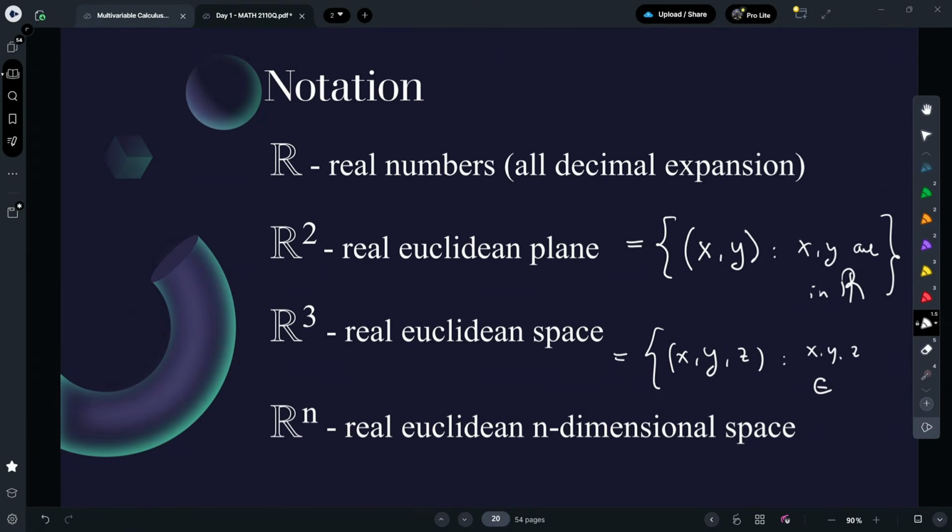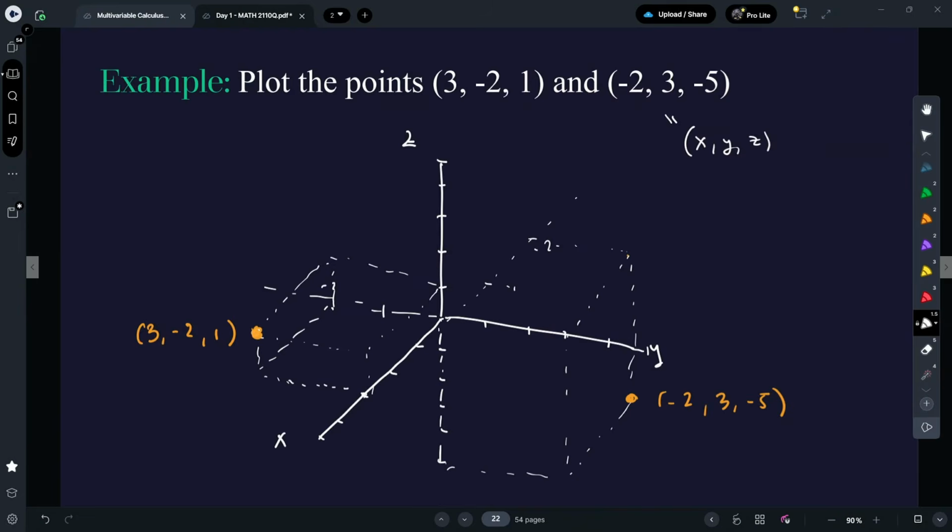We mathematicians use this symbol to denote belongs. And similarly for n-dimensional space, x1, x2, up to xn, where every xi is a real number, that's how we denote points in n-space. So in particular, that's why 3, minus 2, 1 is a point where the x-coordinate is 3, the y-coordinate is minus 2, and the z-coordinate is 1.